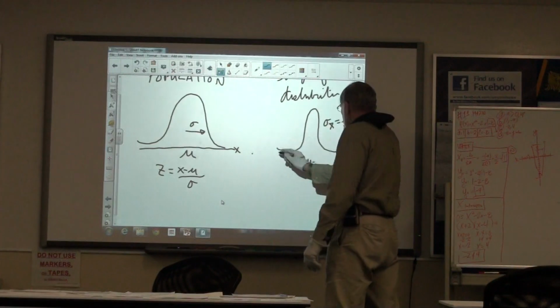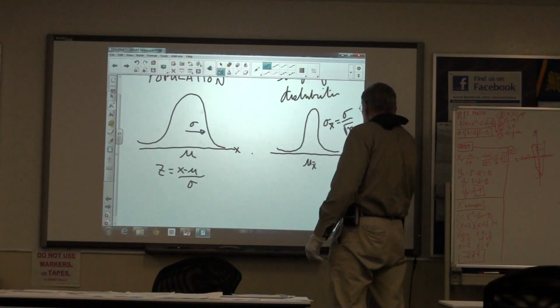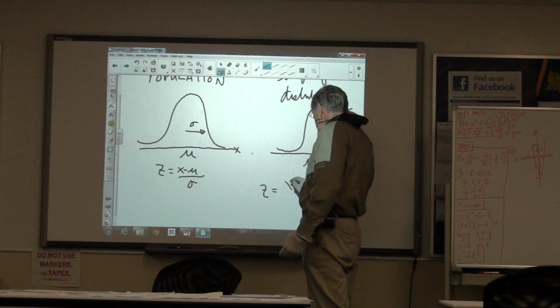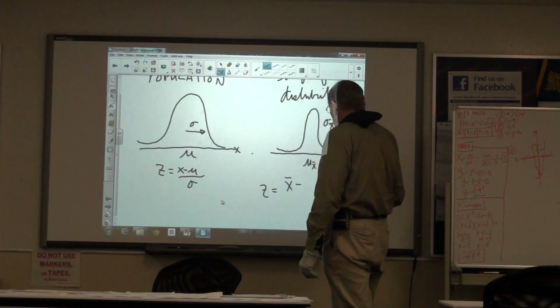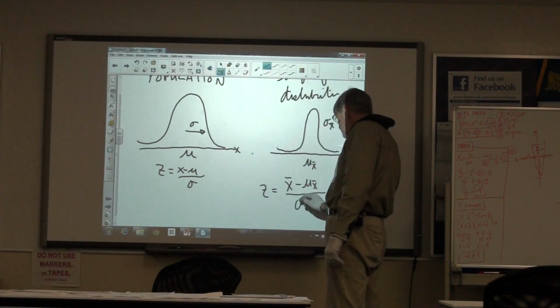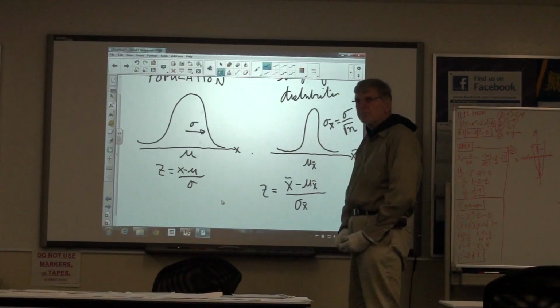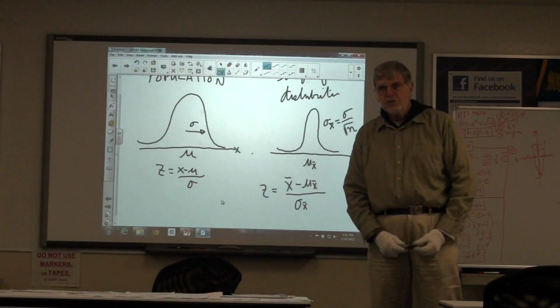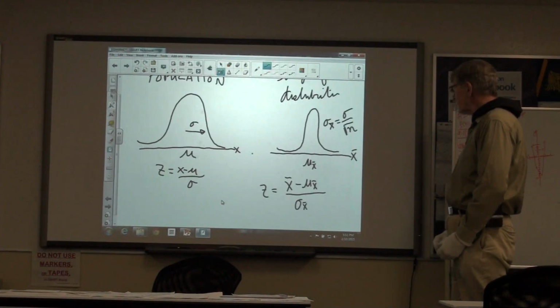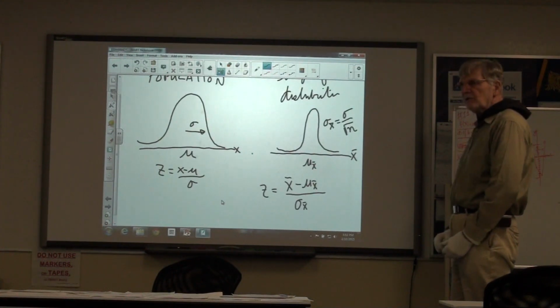Now here, what you're measuring are means. That's your data line. So the z value is the data line minus the mu of this curve over the standard deviation of this curve. So the z formula is the same for any bell-shaped curve. It's the data value minus the mean over the standard deviation of that curve.